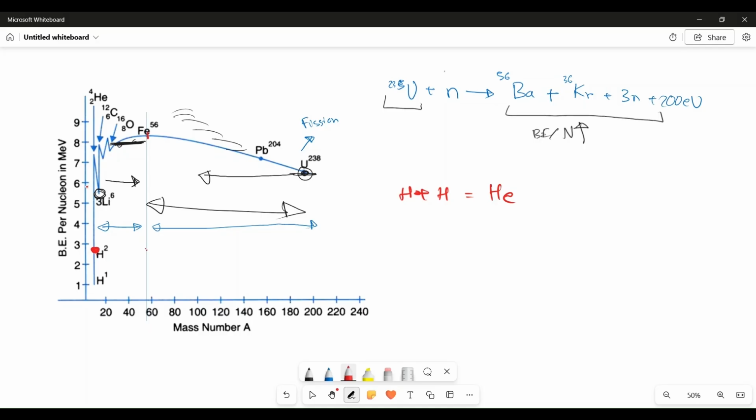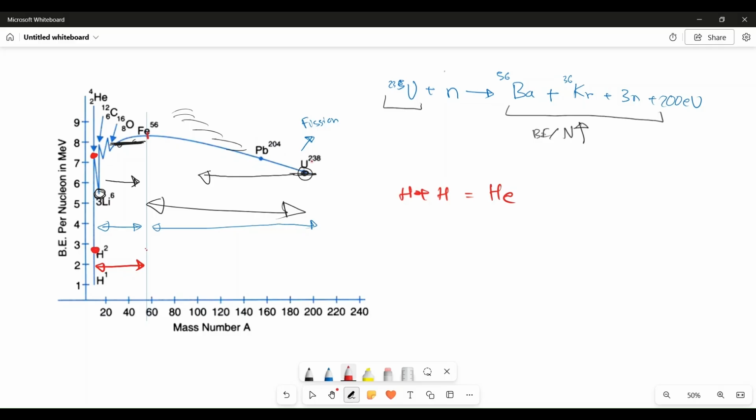But if we add two hydrogens, their binding energy per nucleon rises here. That is a much more stable situation. So the nuclei that are in this region only take part in fusion reaction, because by adding two nuclei they can create another nucleus that is more stable, that has more binding energy per nucleon.